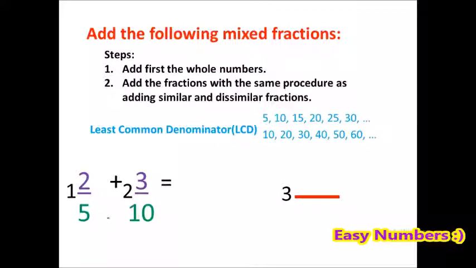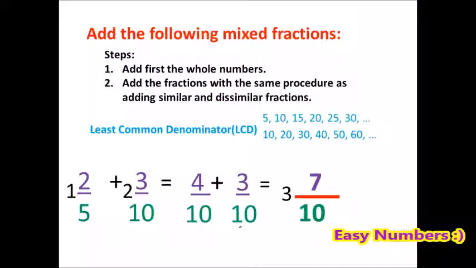So to make this similar fraction, we have the LCD, which is 10 from 5 and 10. So we have 10. 10 divided by 5 is 2 times 2, 4. 10 divided by 10 is 1 times 3 is 3. So we're going to have 4 plus 3 is 7. Then copy the denominator.